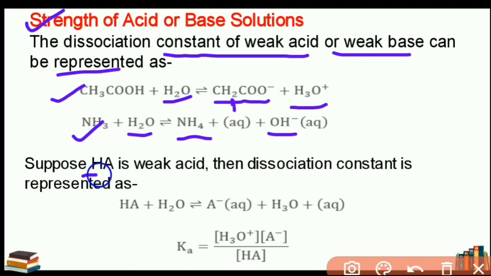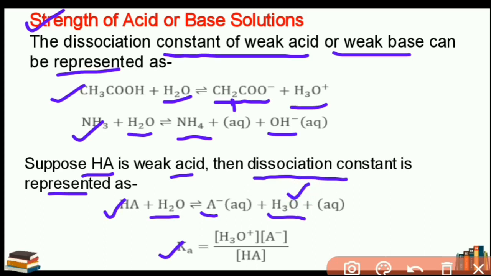Suppose HA is a weak acid, then the dissociation constant is represented as follows. HA when hydrolyzed ionizes into A negative and H3O plus, the hydronium ion. When we calculate the dissociation constant by the formula, the dissociation constant of acid Ka is equal to the concentration of hydronium ion times the concentration of A negative ion.